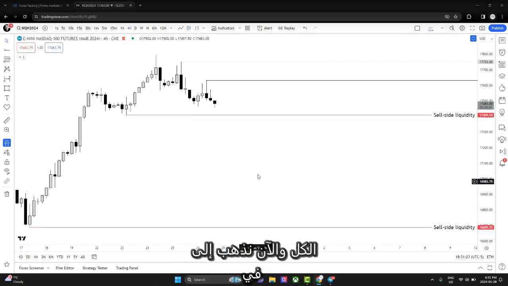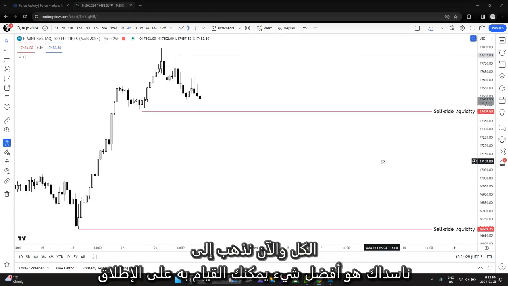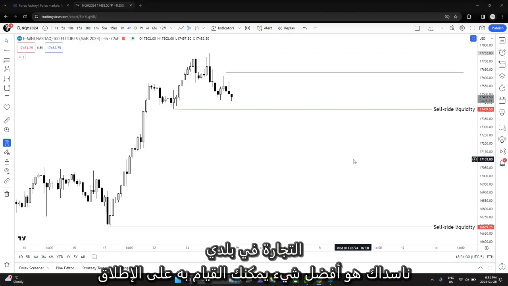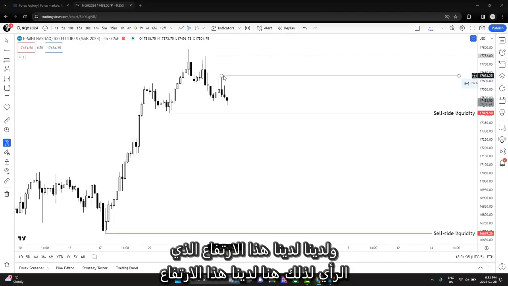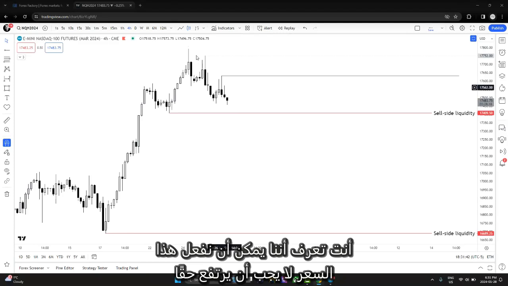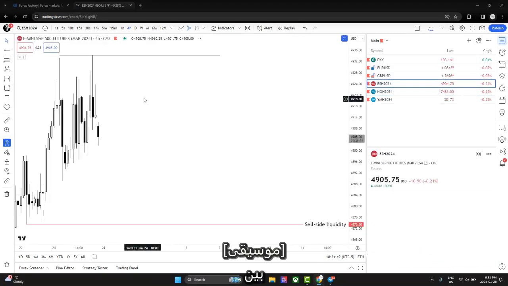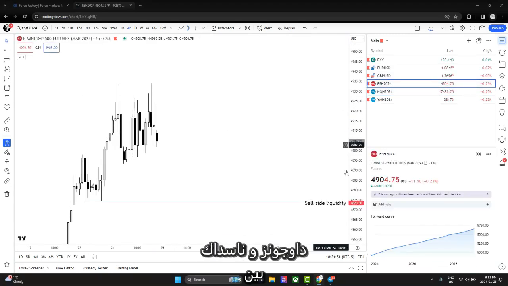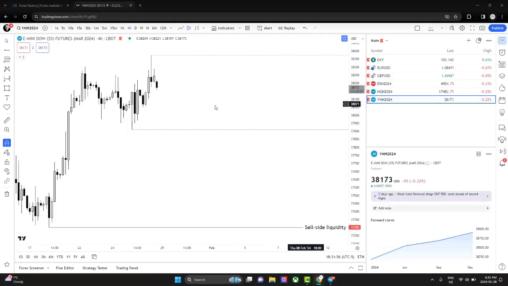And now we go to the NASDAQ, the best thing that you can ever trade, in my opinion. So right here we have this high, and we have this high, which price really doesn't have to go above. We could see SMT between the ES and NASDAQ, right?